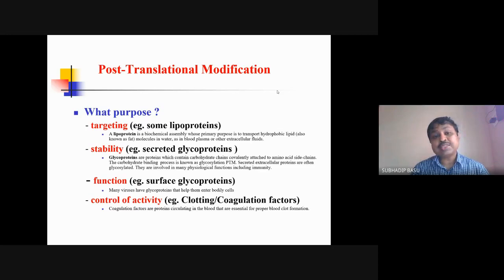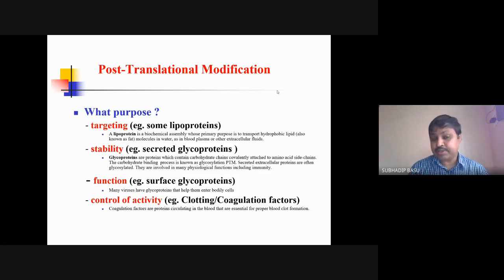If in some cases we can block that particular type of PTM, then probably that particular function can be inhibited. So different types of PTMs can help to achieve a specific type of function. In the case of viruses, some surface glycoproteins help in anchoring and entering the bodily cells.